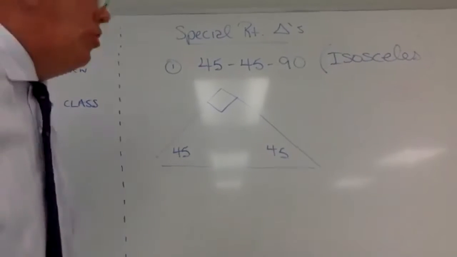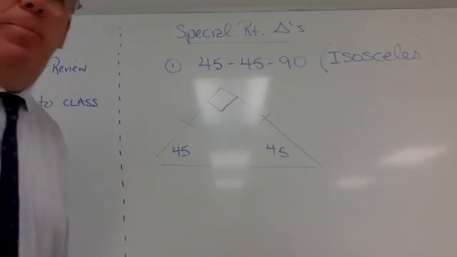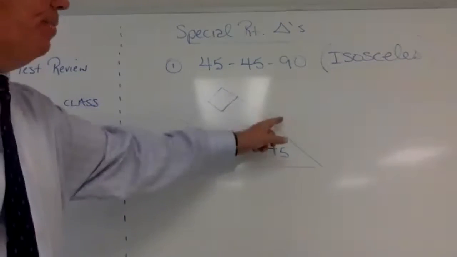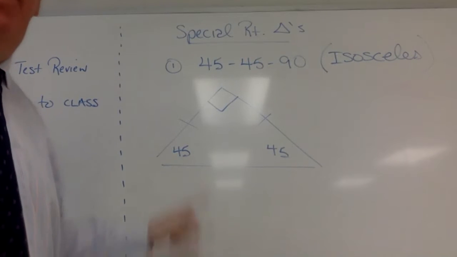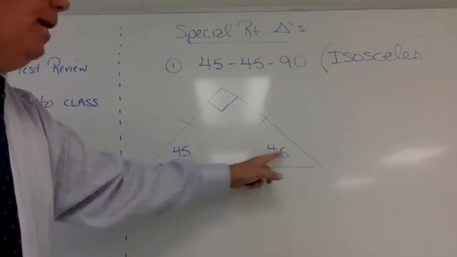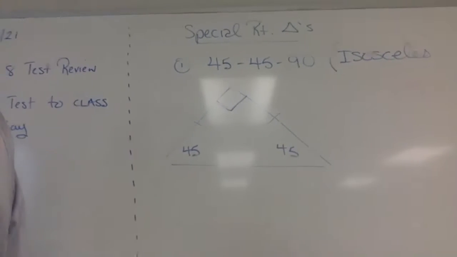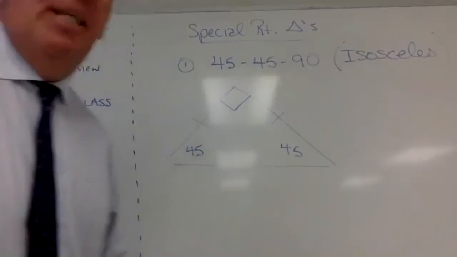What's an isosceles triangle? Two legs are congruent, right? How do I know these two legs have to be congruent? The two angles opposite them are congruent. Very good. So the fancy word for 45, 45, 90, isosceles.